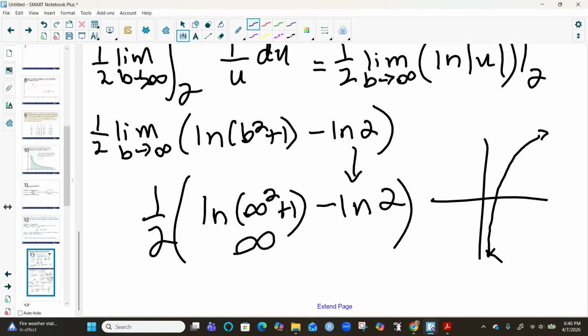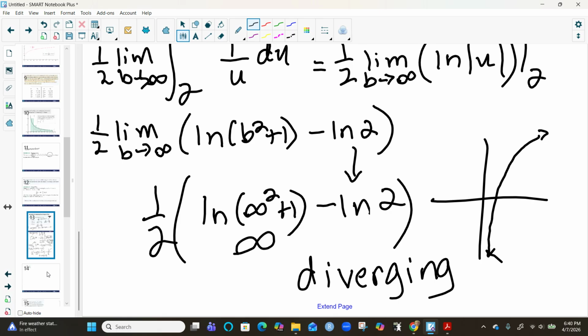So because it's going to infinity, minus natural log 2 times 1/2, the infinity is what's going to cause us trouble. And this is going to be a diverging situation because we did not get a real number when we took our integral and applied our limit.